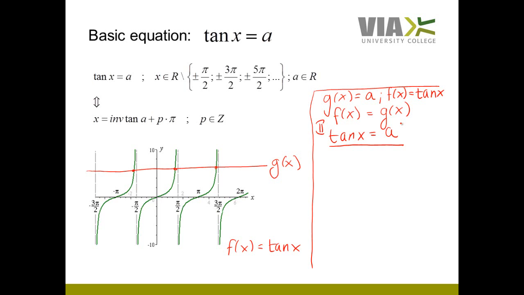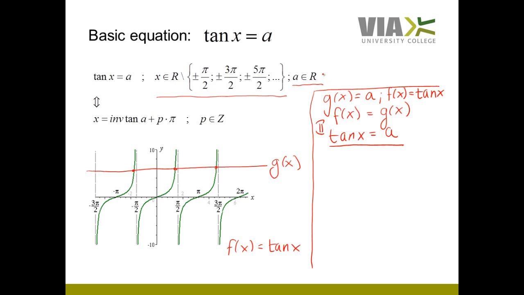No matter what a is equal to, we will find intersection points between f(x) and g(x). That's why, as noted up here, a can belong to all real numbers. The only restriction we see here is the restriction on x due to the definition of tangent, so x is only defined for all the real numbers except plus minus pi over 2, plus minus 3 pi over 2, and so on and so forth.